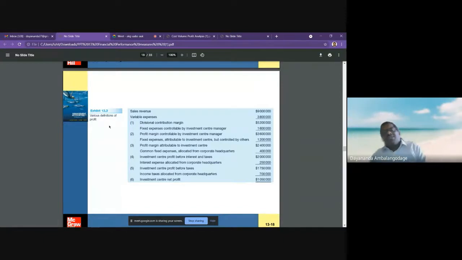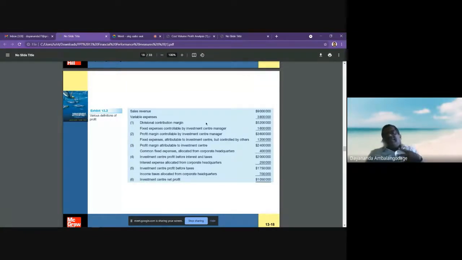So my question is, if I am going to evaluate the branch manager as the profit center, which profit is suitable? Number 1, number 2, number 3, number 4, number 5, number 6.